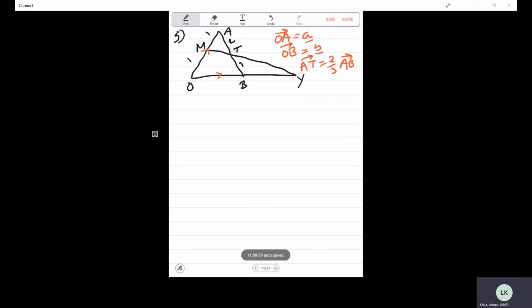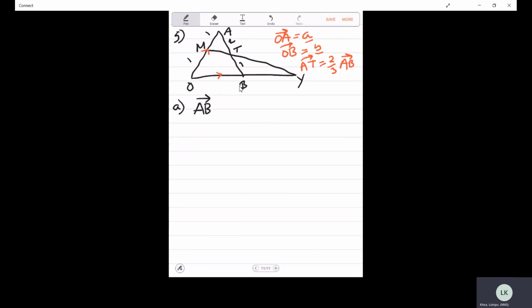Then the first question says, express AB and AT in terms of a and b. So we need to find AB and then AT.